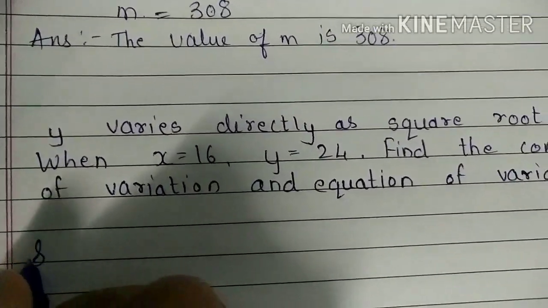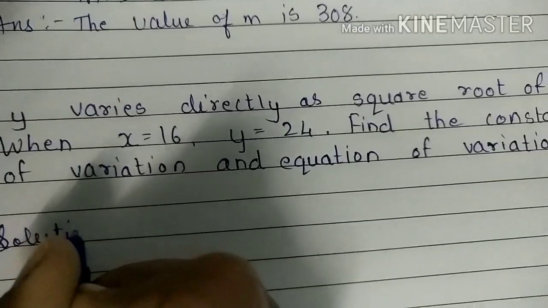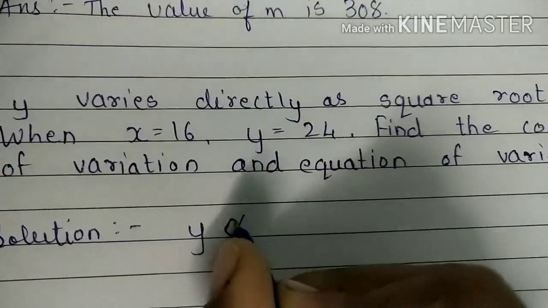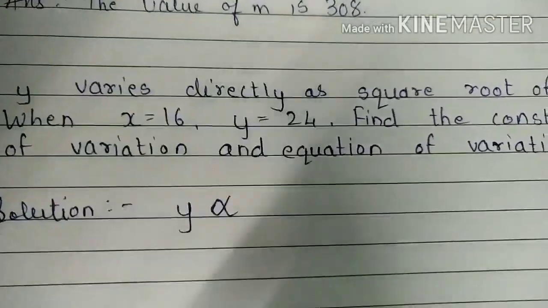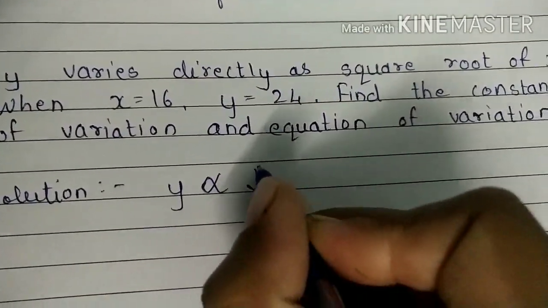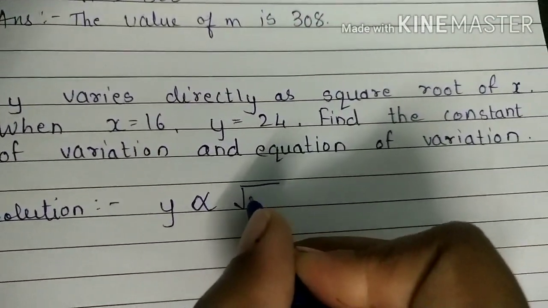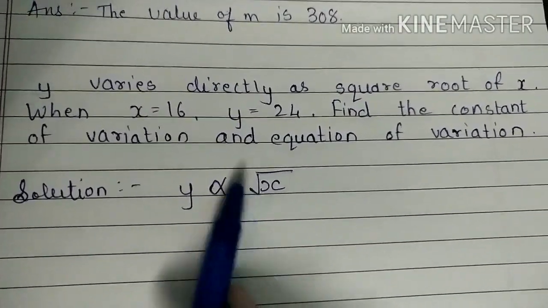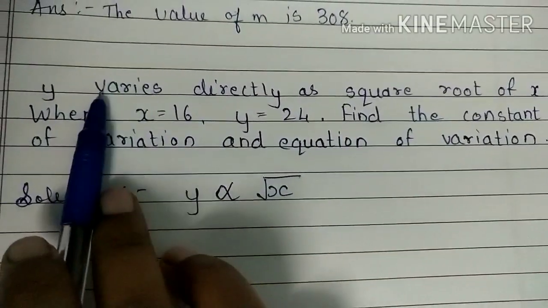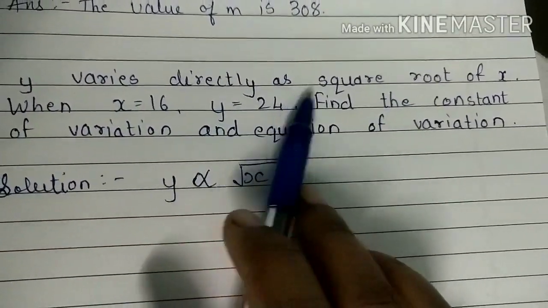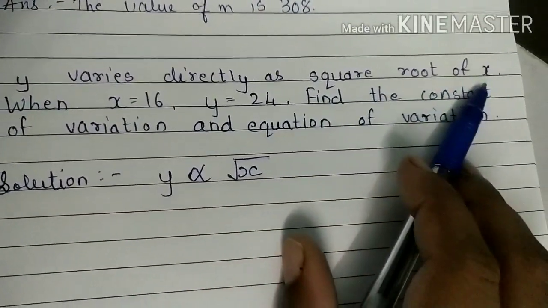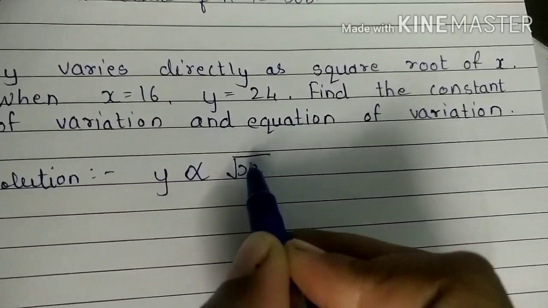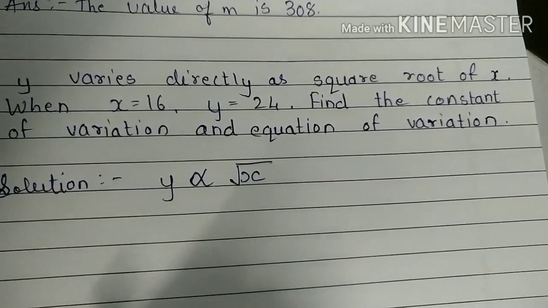So y varies directly as square root of x. In the solution, what will I be writing? I'll write that y varies directly as square root of x. Did you understand? This is what is meant here.